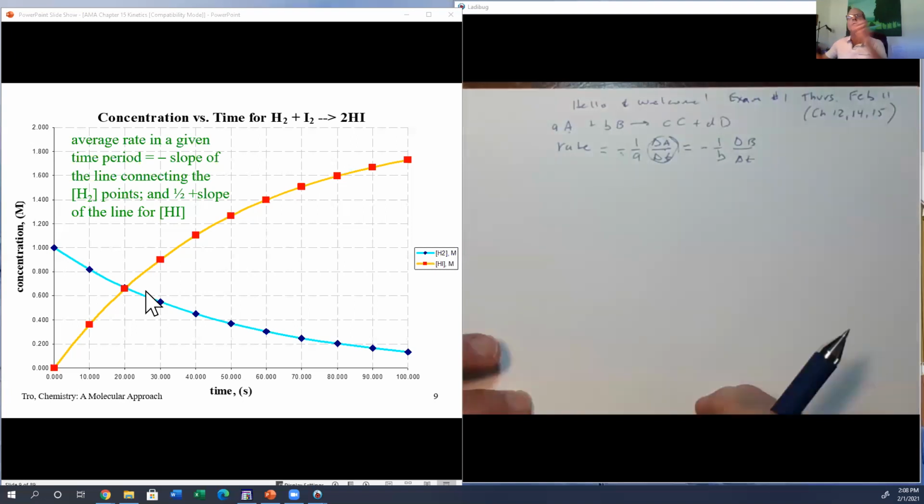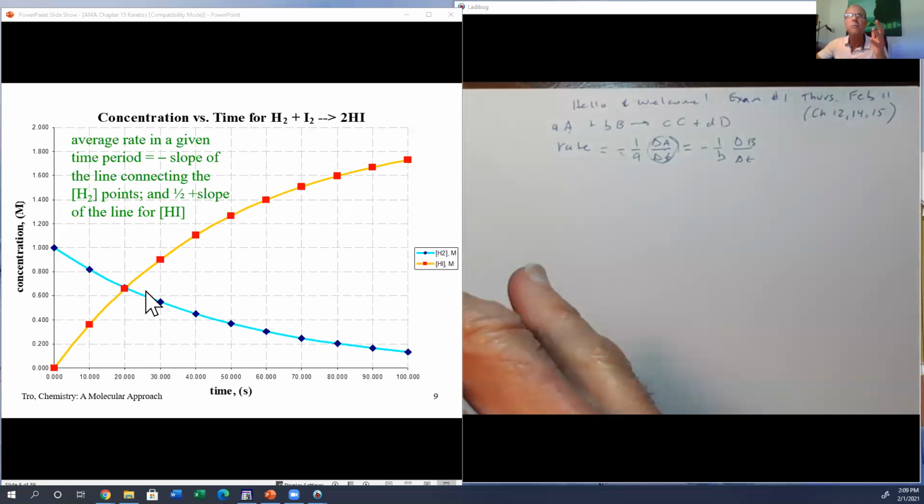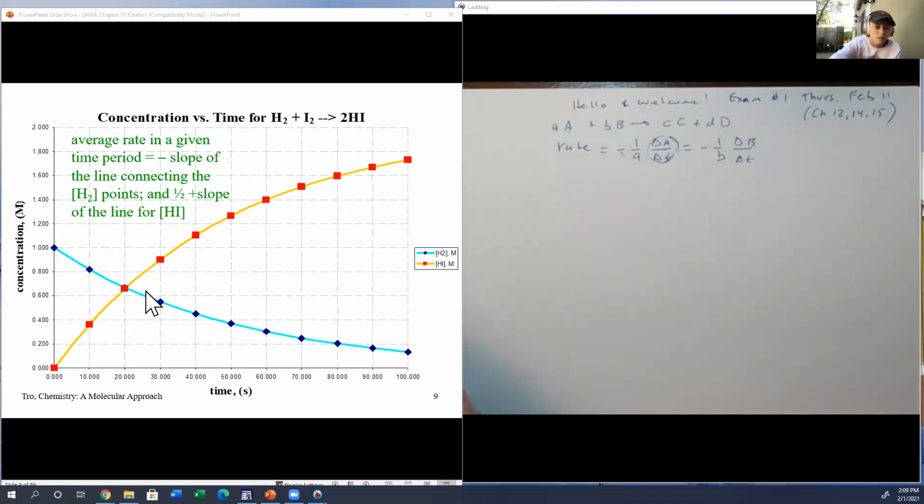Okay, so whenever we talk about the rate of a reaction, always positive. Whenever we talk about the rate of change of a reactant or product, that's going to be negative or positive depending on whether it's a reactant or product, right? So if it's a reactant, the rate of change of a reactant concentration is what? Negative. Exactly right.